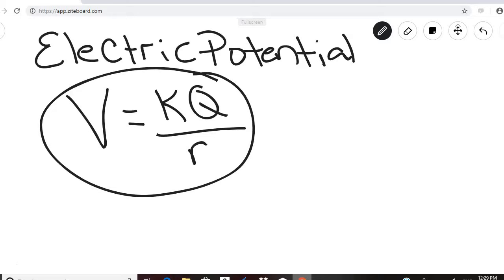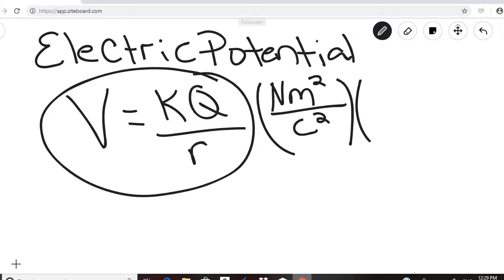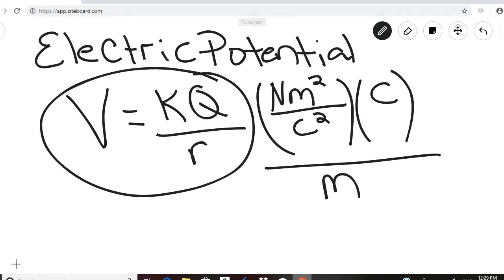The unit for K is a Newton meter squared per Coulomb squared. The unit for Q is going to be in coulombs, and the unit for R is going to be in meters.